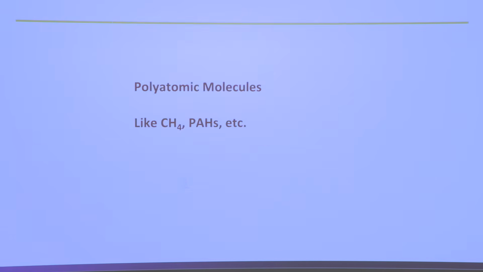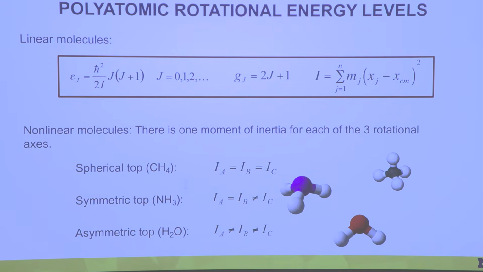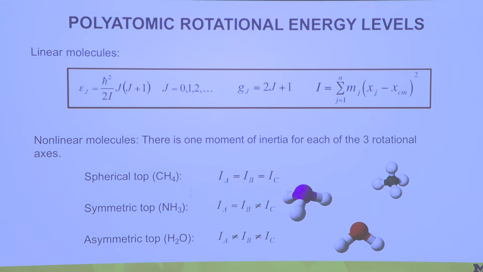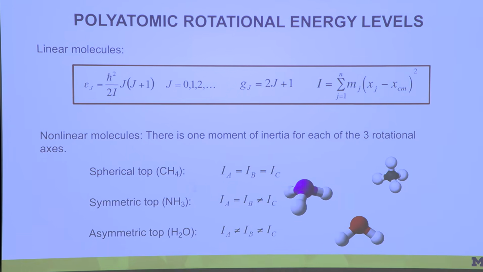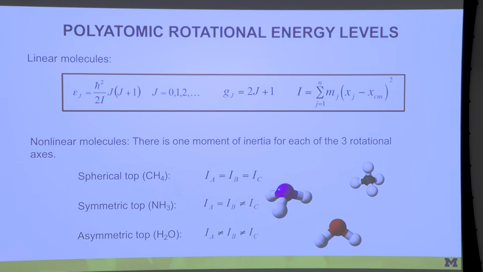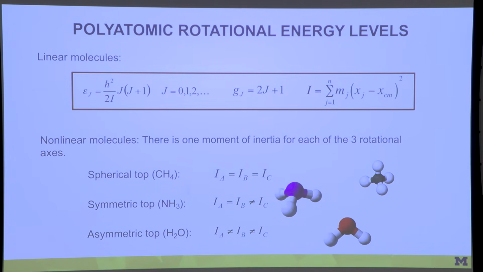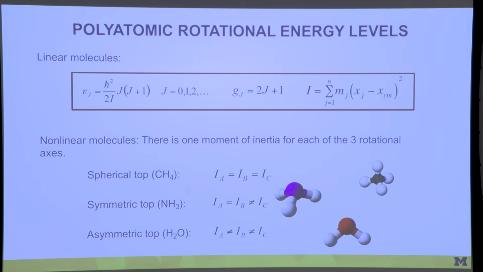So what happens if you have polyatomic molecules? Well, a lot of math here, but in reality we do have math here. So this is methane, this is ammonia, and this is water. And the more complicated those structures are, the more complicated is the calculation that you have to do.